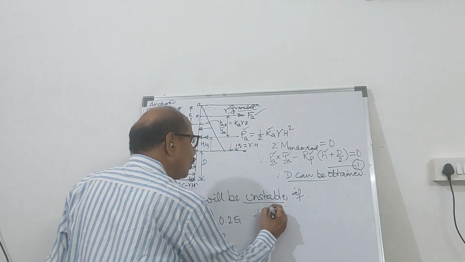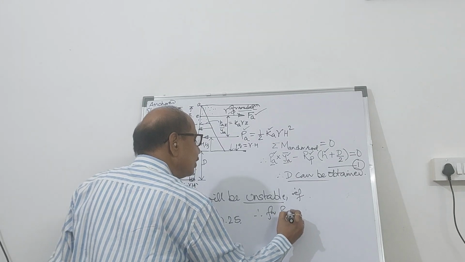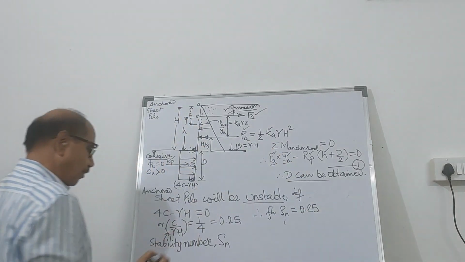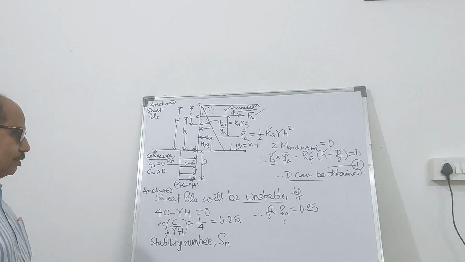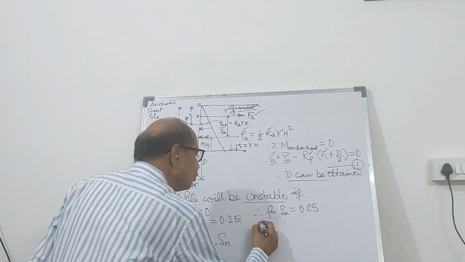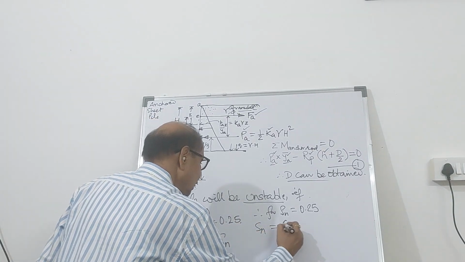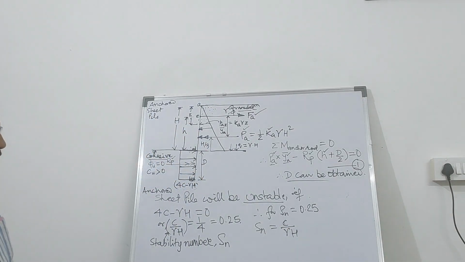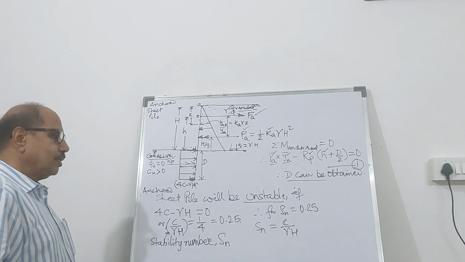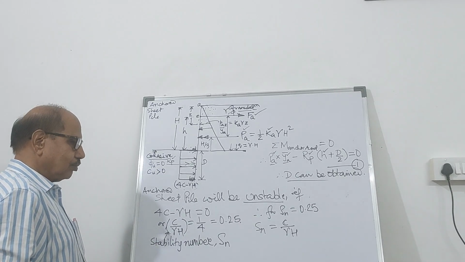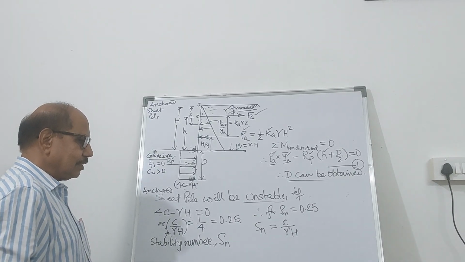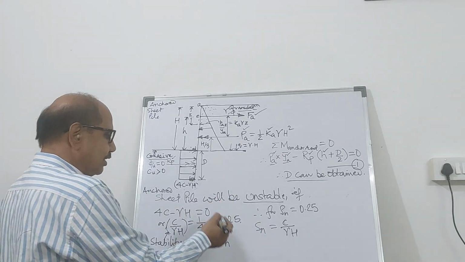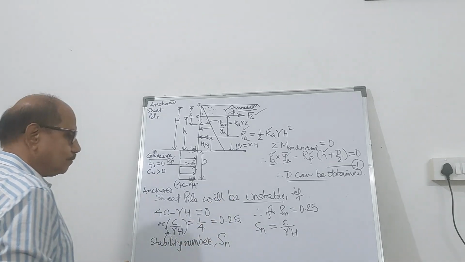Therefore, for Sn equal to 0.25, where Sn equals C divided by gamma H, if it is going to be this, then your wall becomes unstable. This is called a stability number.